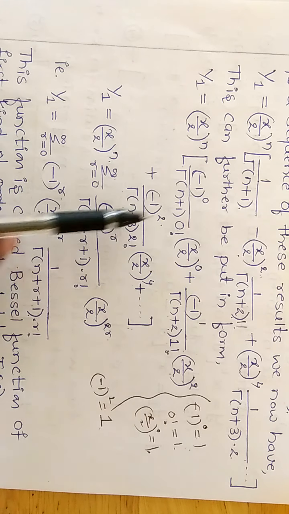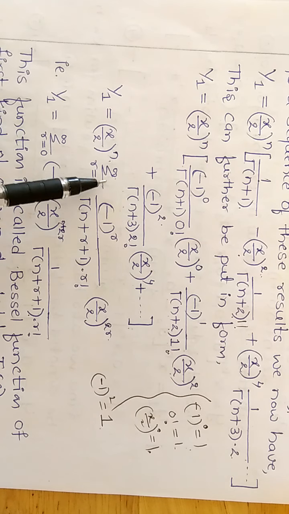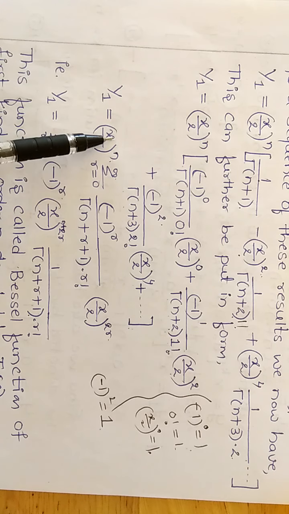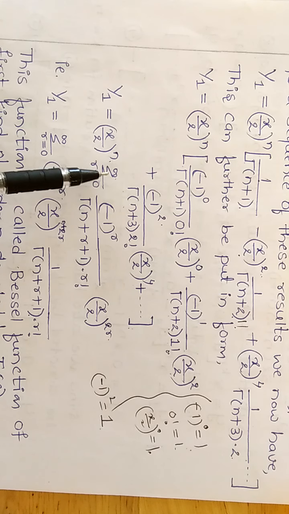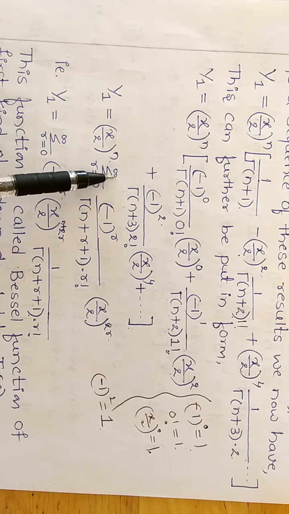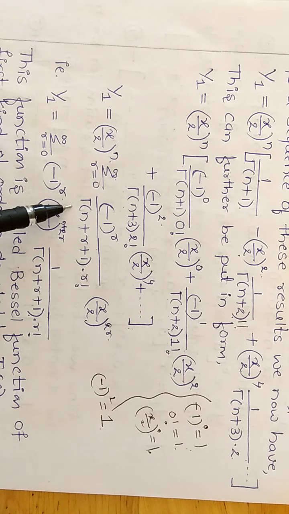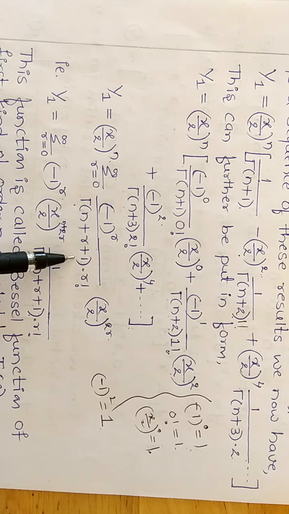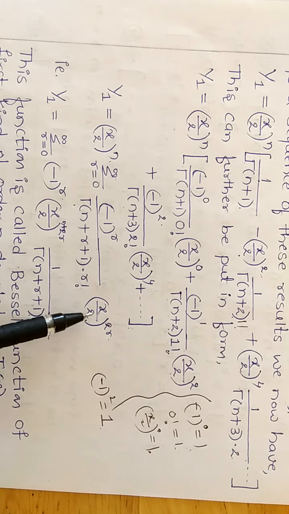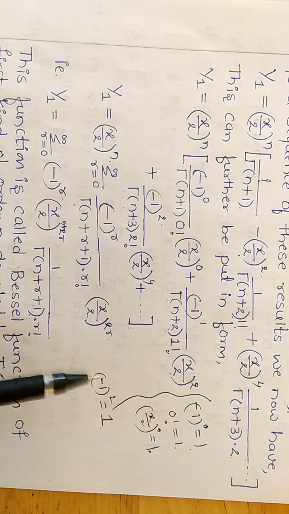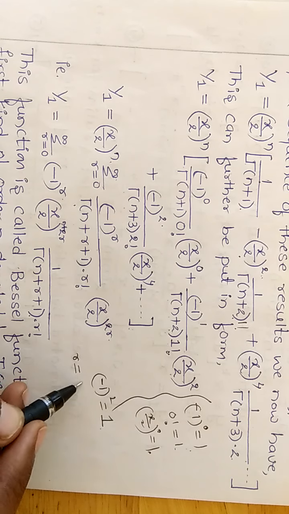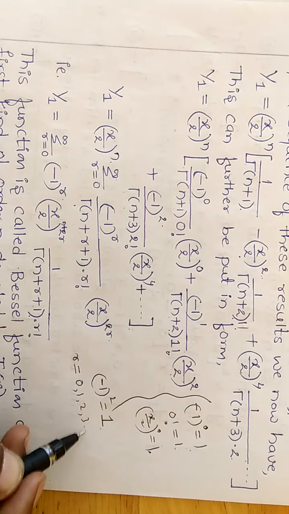So write this series combination in terms of summation. So y1 is equal to x by 2 to the power n, r starts from 0 to infinity, minus 1 raised to r whole divided by gamma of n plus r plus 1 into r factorial, x divided by 2 to the power 2r. R starts from 0, 1, 2, 3, and so on.